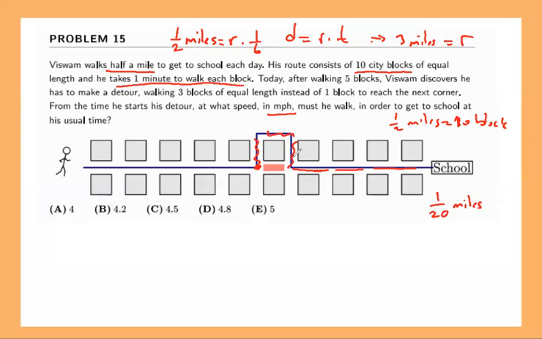But he's gonna walk 7 blocks to finish up, so that will be 7 times this, 7/20 miles that he has to finish. We are looking for a rate for that distance, and his time left is still 5 minutes, because he already used 5 minutes of his total time until getting to this point. So after this point, he still has 5 minutes, which is 5/60 hours, which is 1/12.